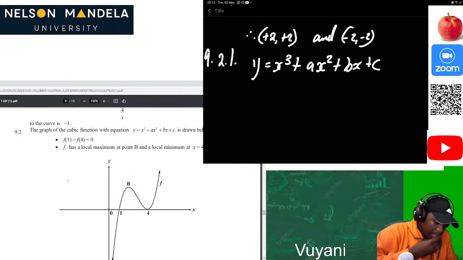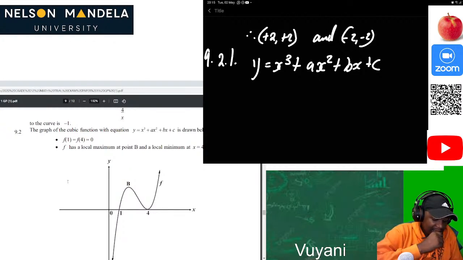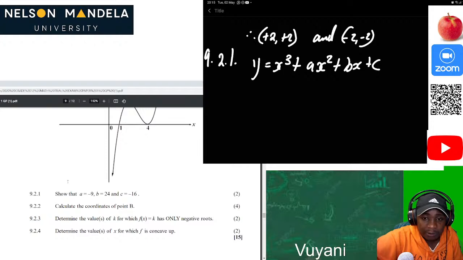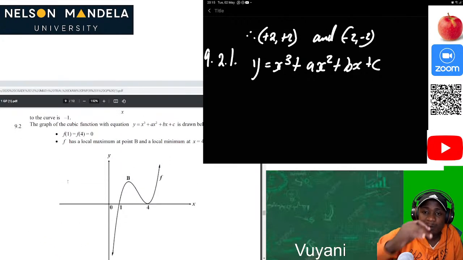Definitely the first thing you see here is, what is the value of c? What will be our value of c, guys? Let's talk together.